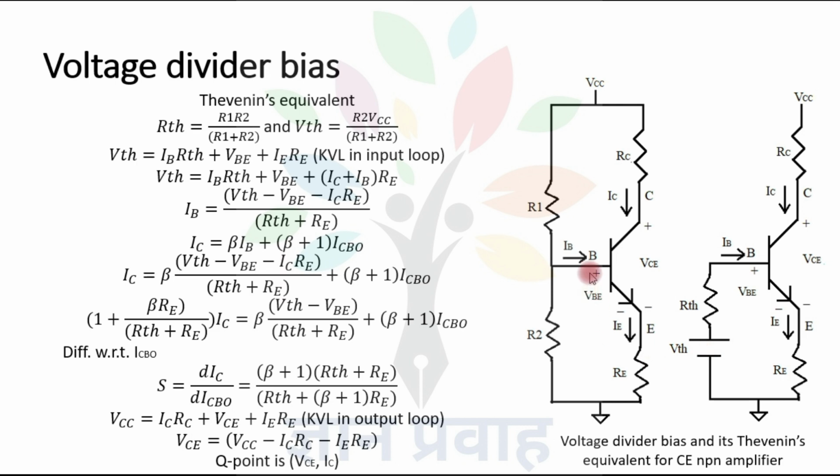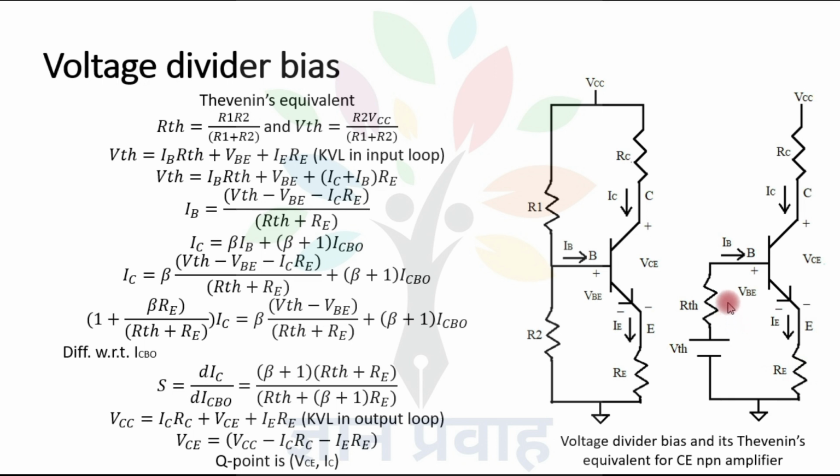The voltage divider circuit is converted into the Thevenin equivalent model, and now we have to find the output current and output voltage for the calculation of the Q point. For these two parameters, we must apply the KVL equation in the input loop as well as the output loop.